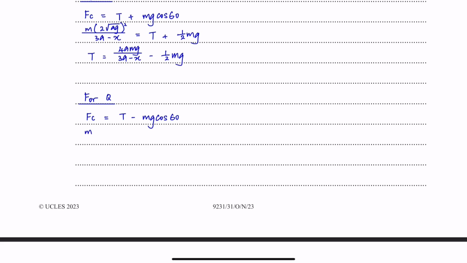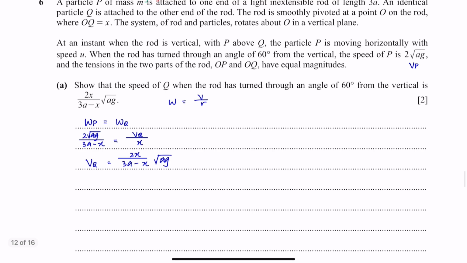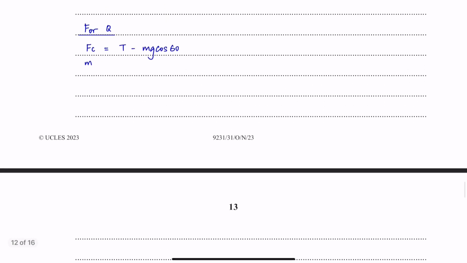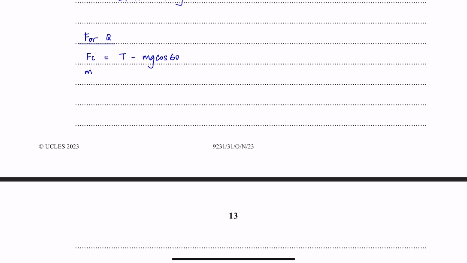The speed of Q is this one. I can write it like this: 2x over 3a minus x times root ag, squared, over r, which is x.